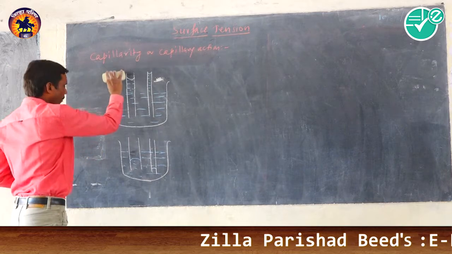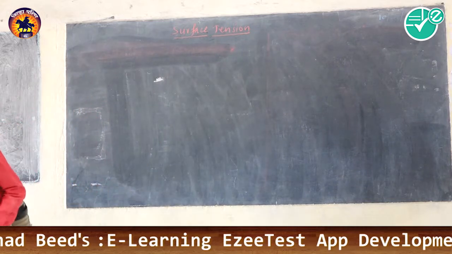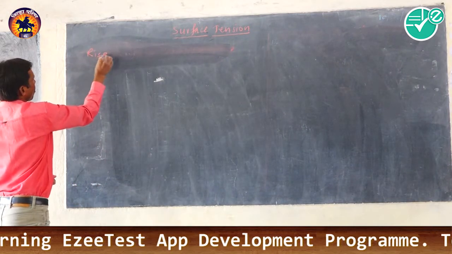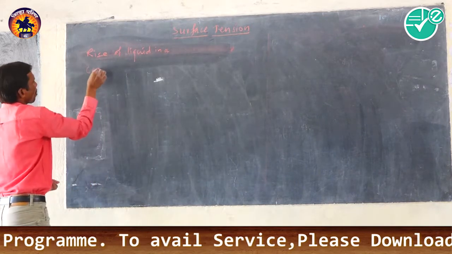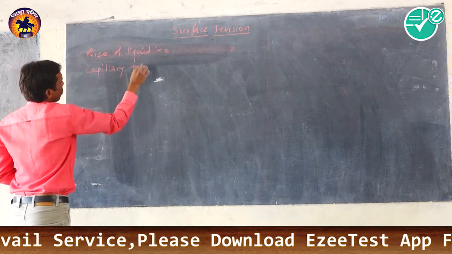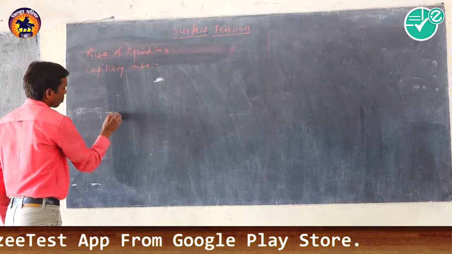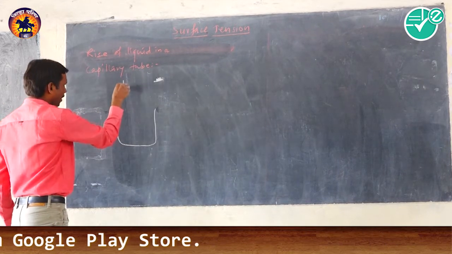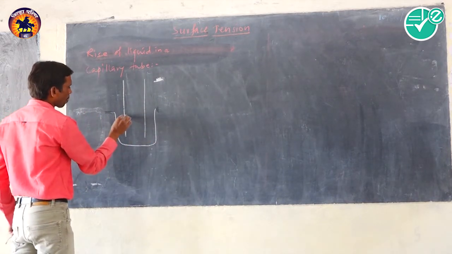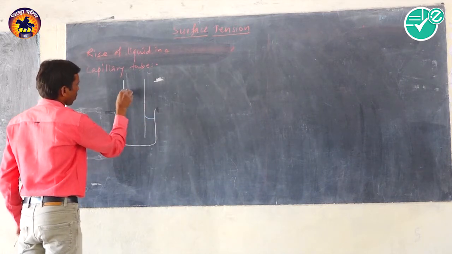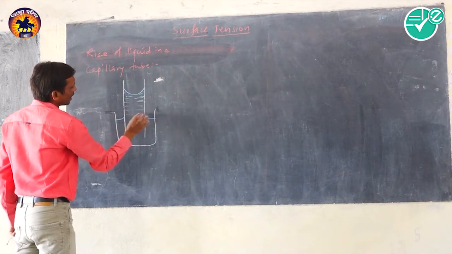Here is the rise of liquid inside the capillary tube. The glass capillary tube having radius, now consider small r, that is vertically dipped inside the water.